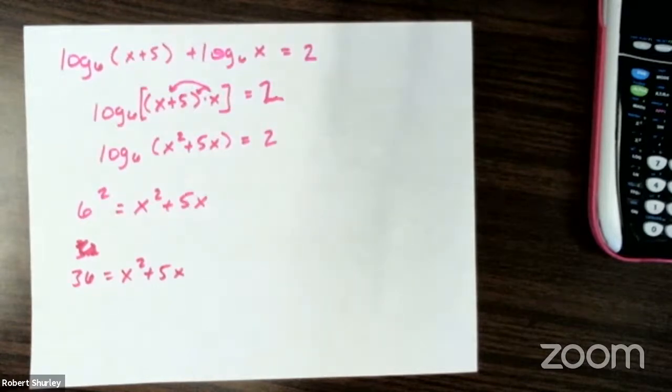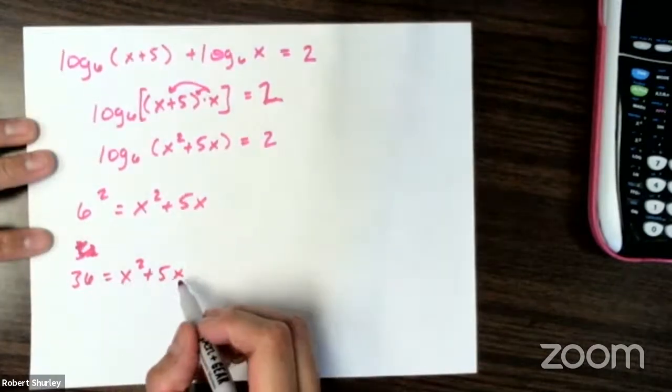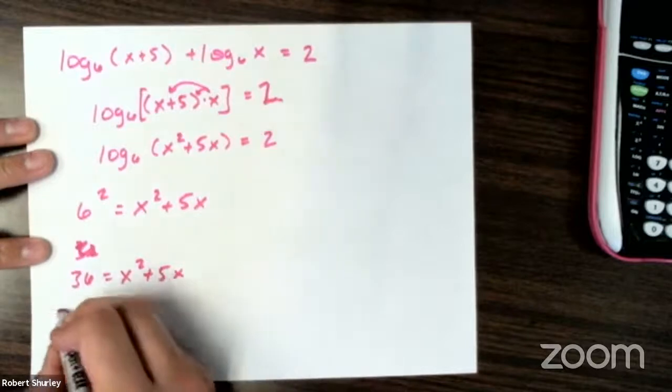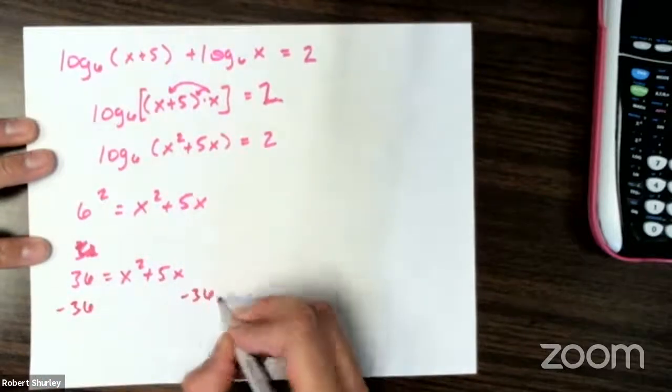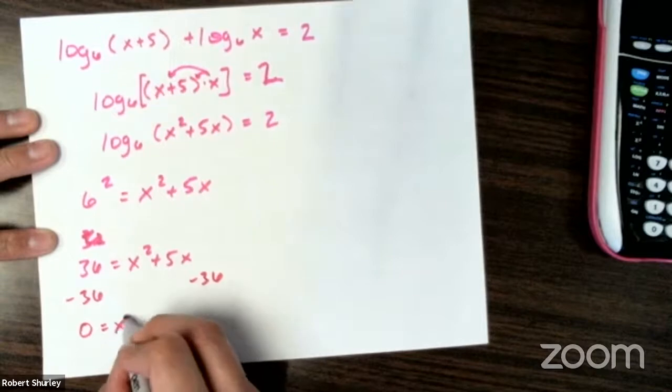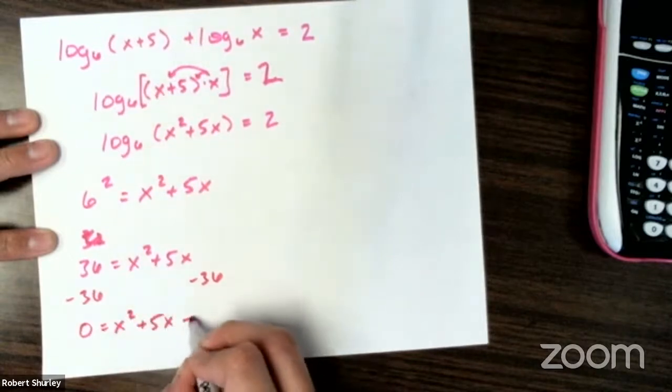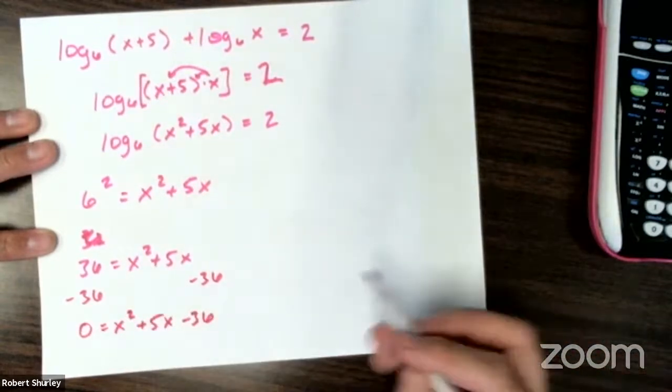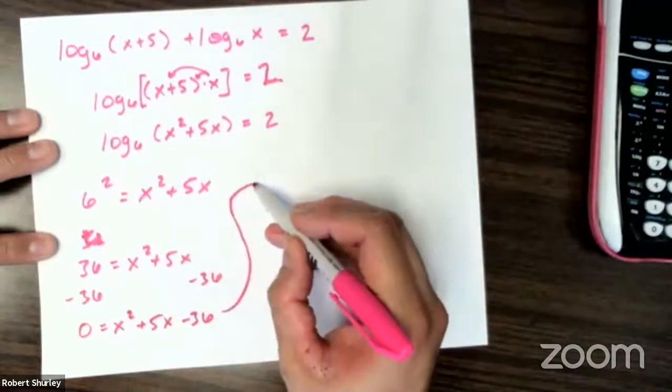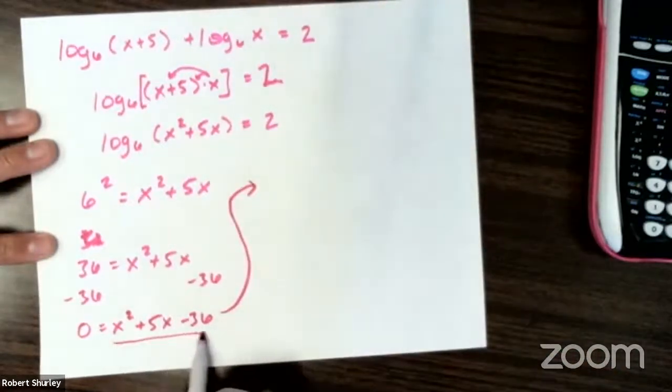So let's see if this thing factors. If I wanted to solve this, remember, I've got to get everything on one side. So subtract 36, and I get 0 equals x squared plus 5x minus 36. This will factor, right?